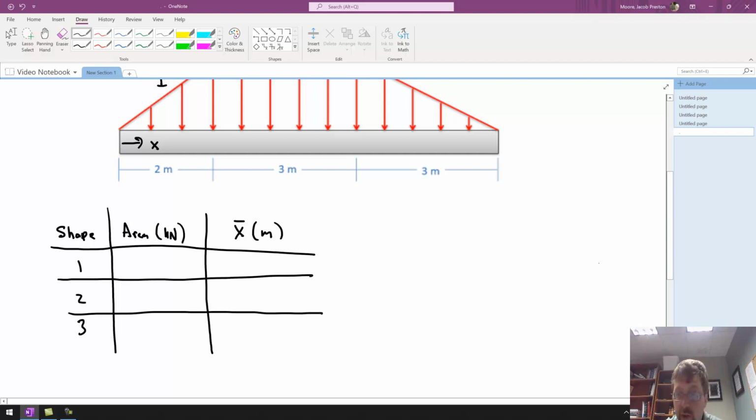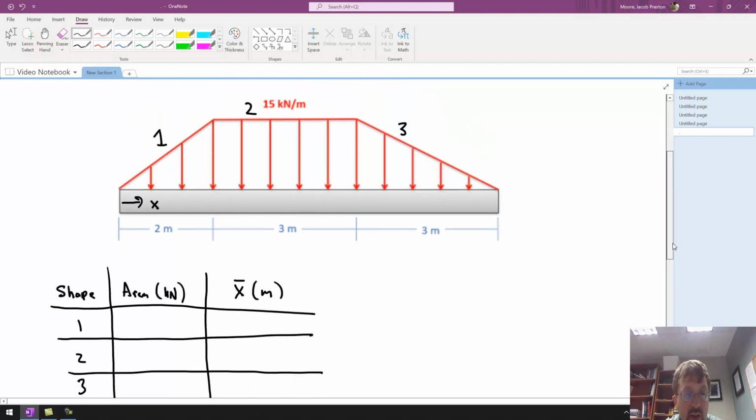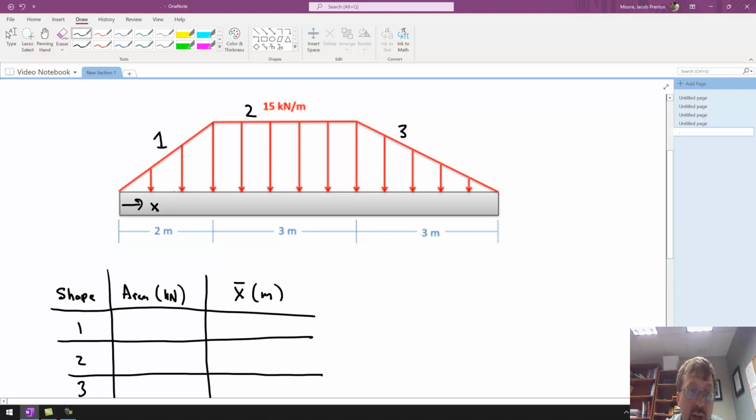All right, first let's find the areas of the shapes. The area of a triangle is 1/2 base times height, so 1/2 times 2 times 15 gives an area of 15 kilonewtons for shape 1. For shape 2, I've got a rectangle, so base times height, 15 times 3, is 45 kilonewtons for the rectangular center section.